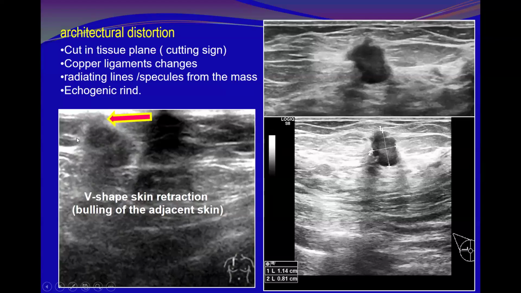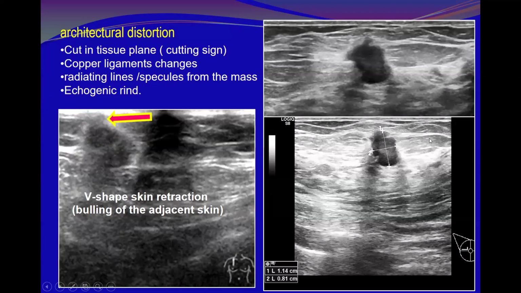This also cuts the tissue plane, and there is surrounding hyperechoic tissue. Not only that, the distortion here includes the skin. There is the V-shaped retraction or pulling of the adjacent skin, also considered an architectural distortion.